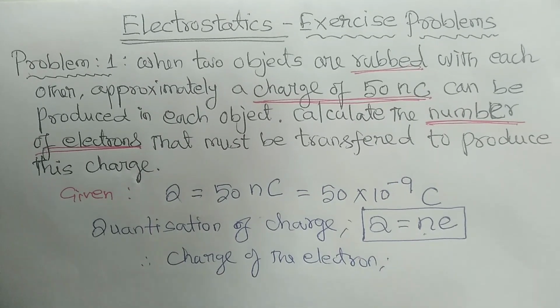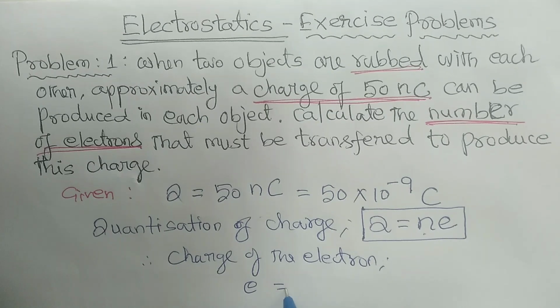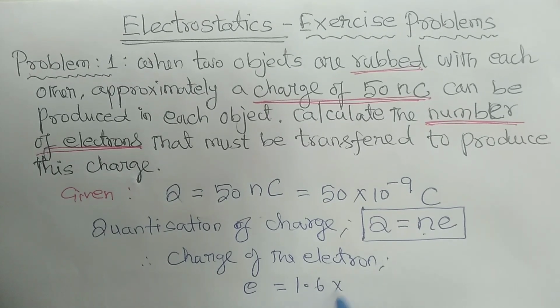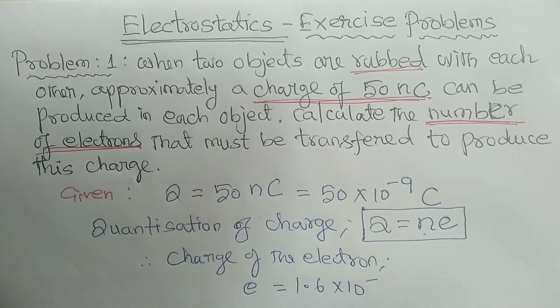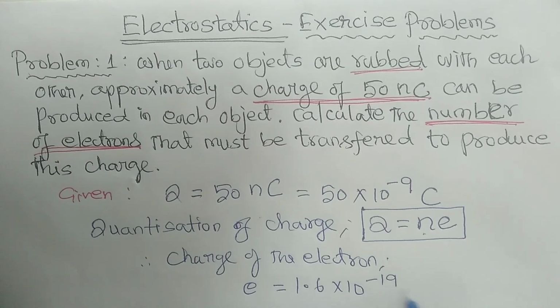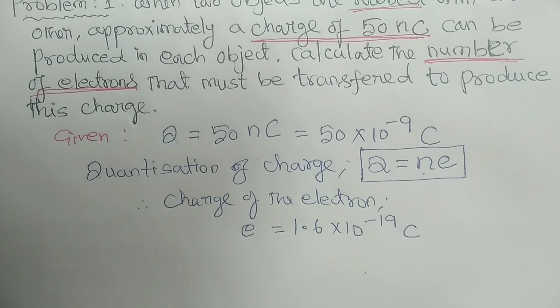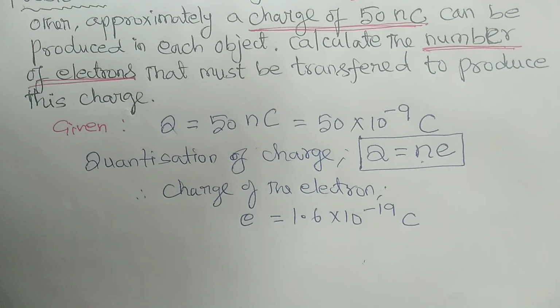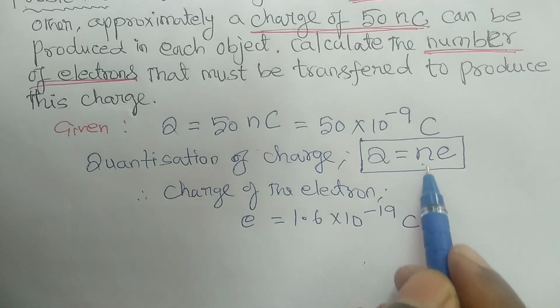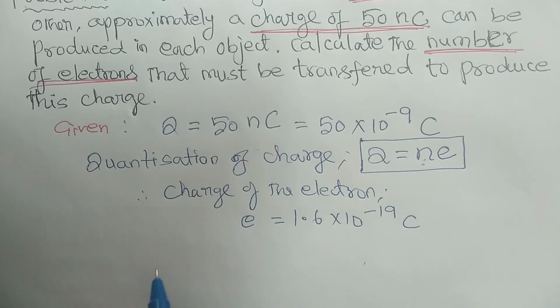So we know that the charge of the electron E is equal to 1.6 into 10 power minus 19 coulomb. So our aim is to calculate the value of N. That is called the number of electrons transferred.